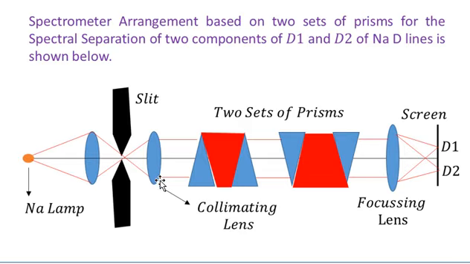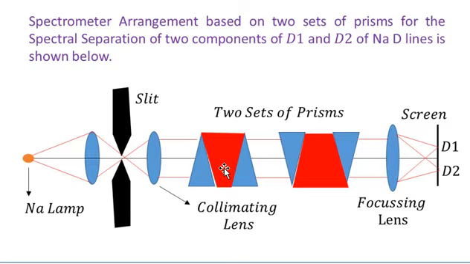This lens is called a collimating lens because it will generate a parallel wavefront after the light passes through it. These parallel wavefronts will pass through two sets of prisms. These prisms are actually the dispersing elements.